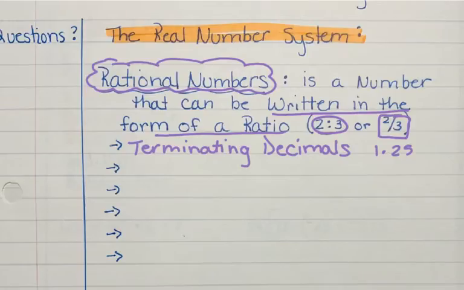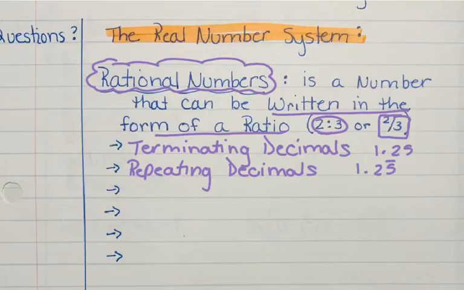We have repeating decimals. Okay, that would be with that line over a number or numbers that show it's repeating.